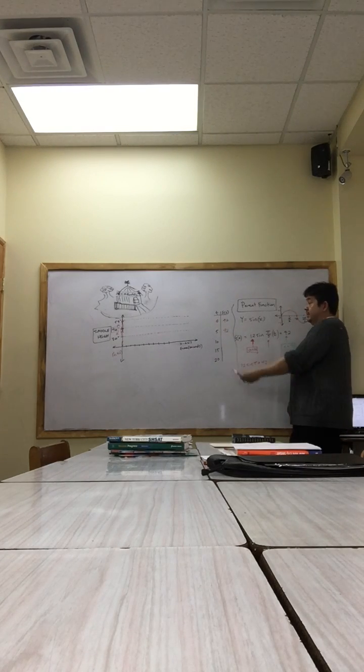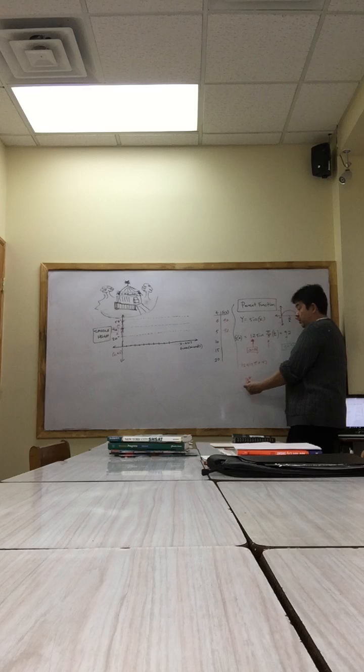And also at 10 seconds, if I plug in 10, I'd have 10 pi over 5. Well, that's 2 pi. So I'll have 12 sine 2 pi plus 42.